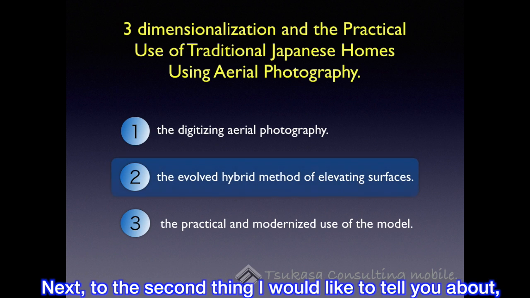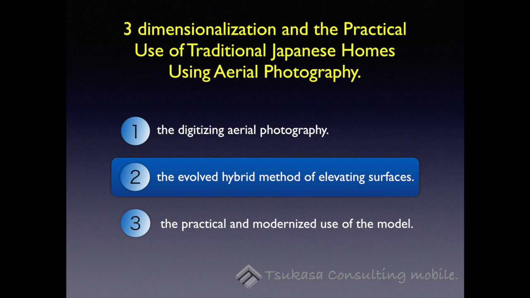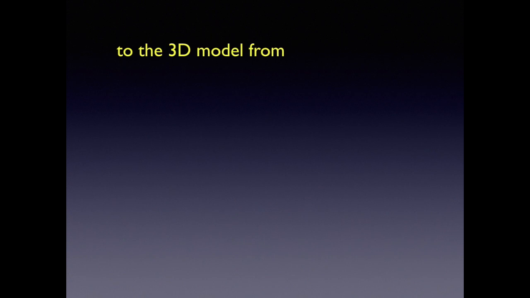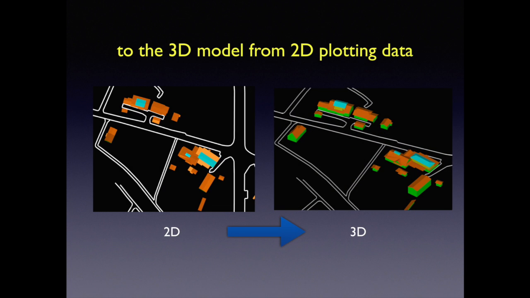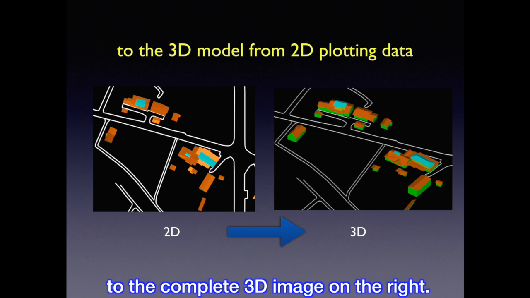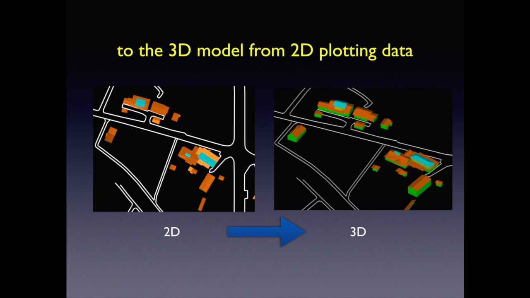Next, to the second thing, I would like to tell you about the evolved hybrid method of elevating surfaces. We will be using the graphic data we just created on the left to make the complete 3D image on the right. We call using roof data that appears two-dimensional to create a complete 3D version the hybrid method.